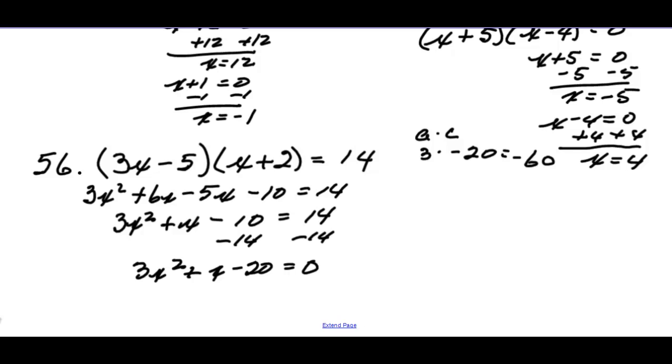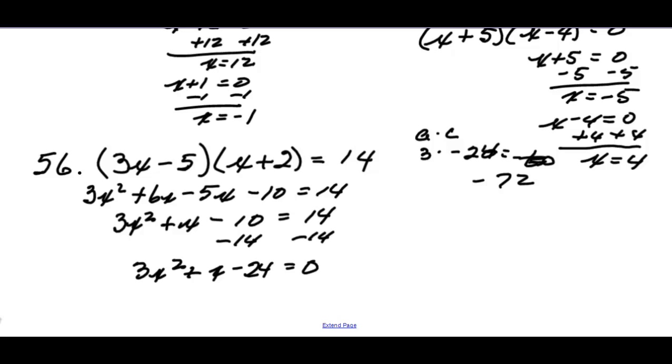Let me see here. Oops, I'm sorry. When I combine those two, this should be 24. So this should be 24, and that should be negative 72. My fault. My addition is bad. Let's go back and erase that and make sure that we have that as the correct number, negative 24.